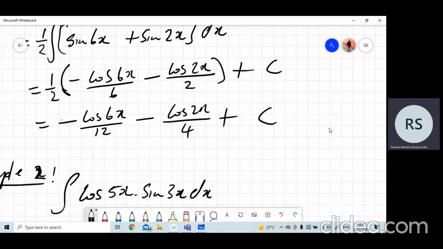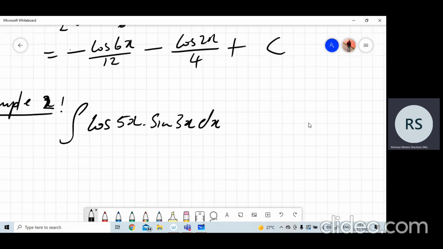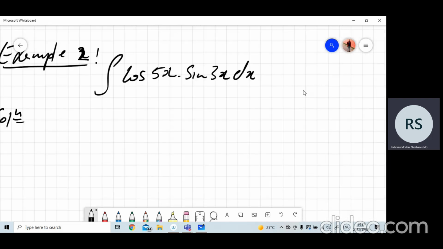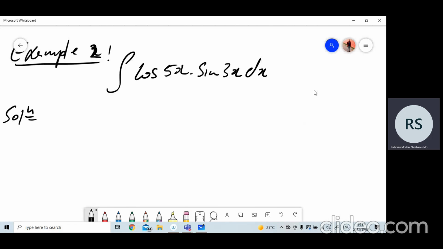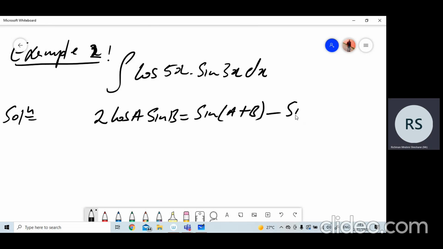In this case they want to integrate cos times sine, so I'll use the formula which has cos times sine. I write it down: 2 cos A sine B is sine of A plus B minus sine of A minus B.